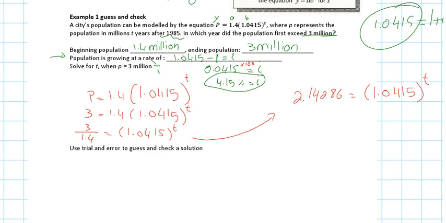The only way I can do this type of questions right now is by doing trial and error. So just plug in values for t. So do 1.0415 to the power of something, 1.0415 to the power of something, until you get as close as possible to the left side. Okay? So give me some trial and error. What are you going to try for? Give me a number for t. 2.